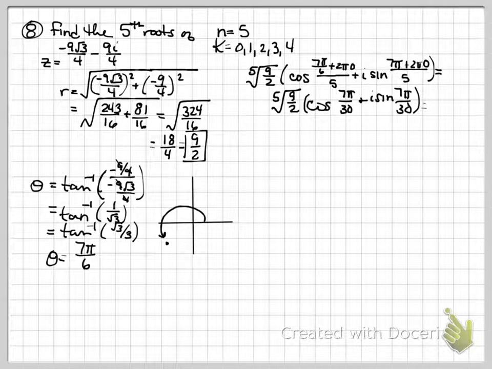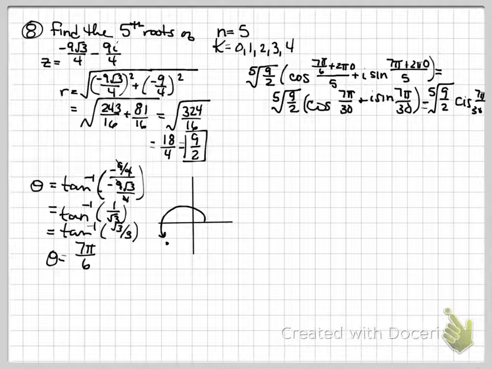And if I didn't want to go through all that, I could just rewrite it as 5th root of 9 over 2 CIS of 7 pi over 30. Okay? So we're going to be able to use our shortcut this time. There's the first one.